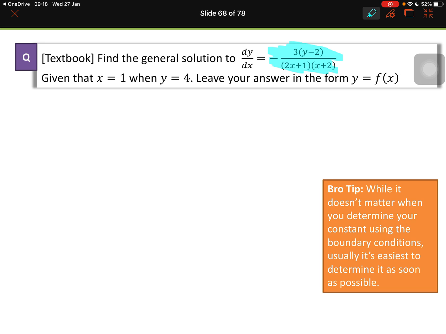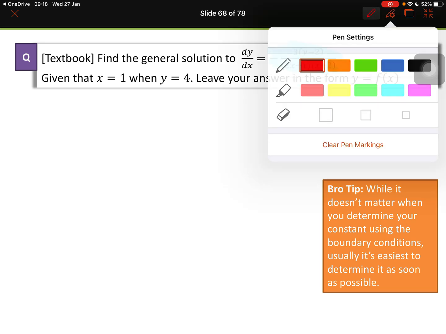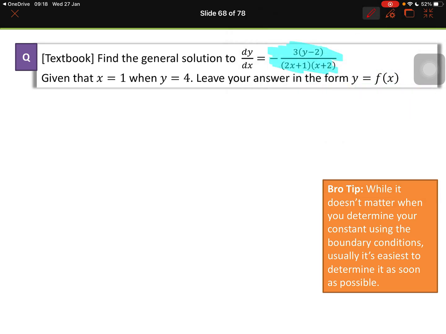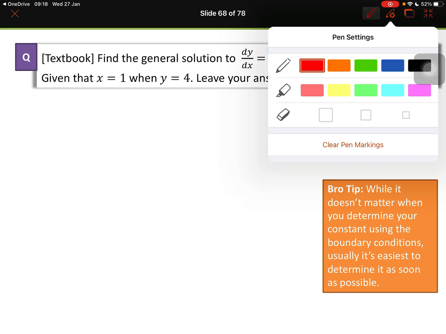First step is always going to be the same. We've got to get y on one side, everything else on the other. So I'm going to divide by y minus 2 on both sides.